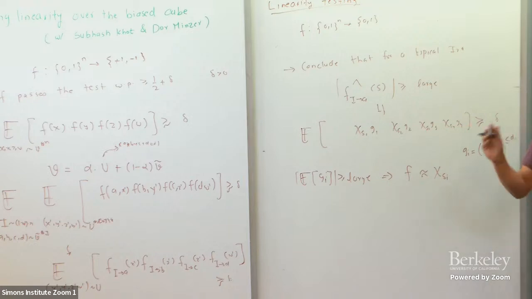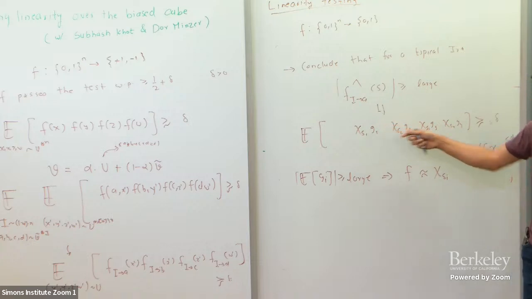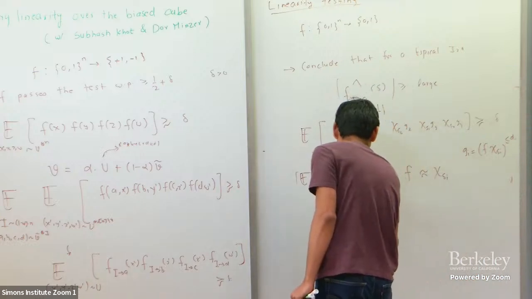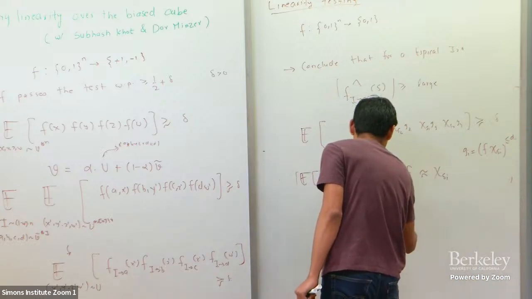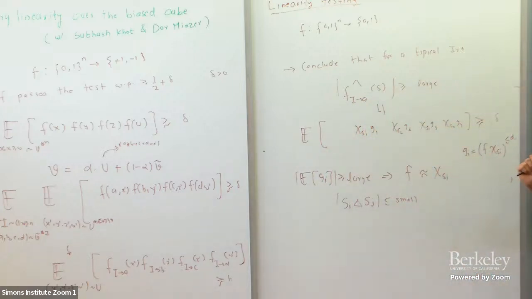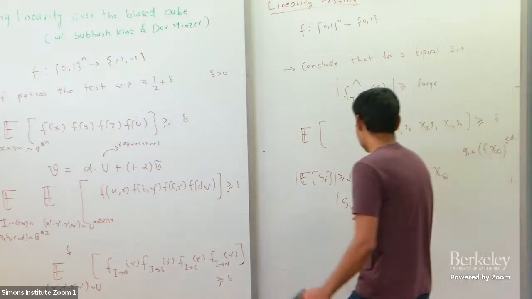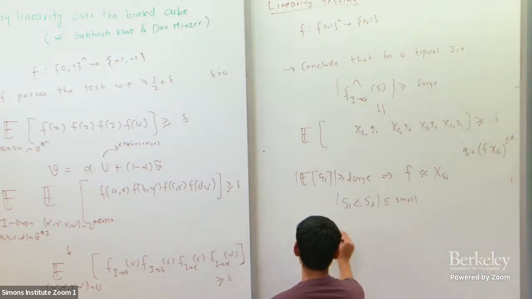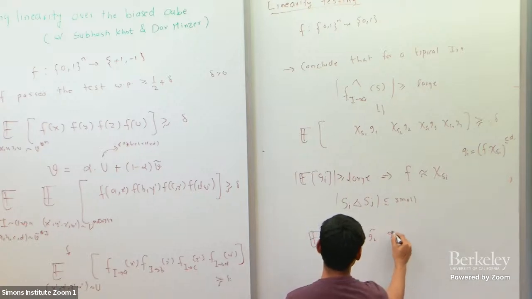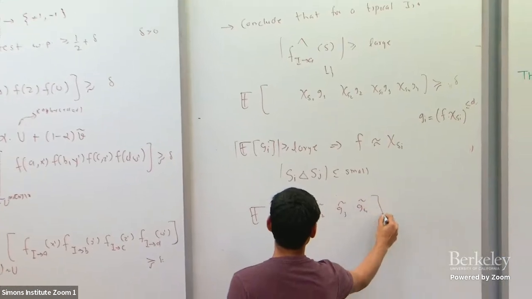You can't have very different S_i, because then there is some randomness in the coordinate that is left, and this expression will become very small. So all I'm saying is that for S_i, S_j, this is small. Again, small just means some constant independent of n as a function of delta. So this expression essentially boils down to some low degree functions g2, g3, and g4 having large expectation.